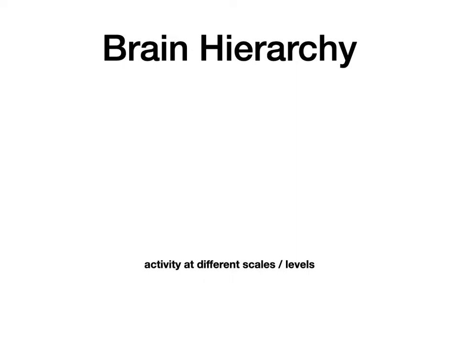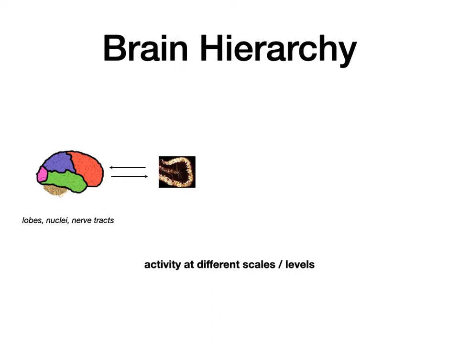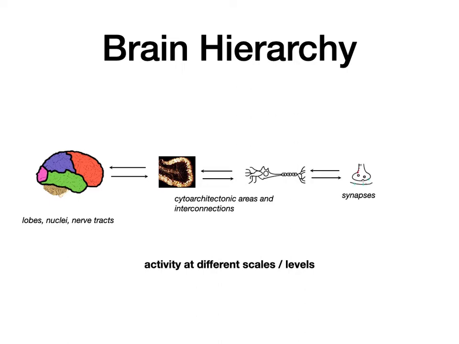At the highest level, we think about them in terms of whole lobes, nuclei, different specific areas that we know things about, down into the architectonic areas and the connections between them, down to the neuron level, down to the synapses between, down to the molecular structures, right?